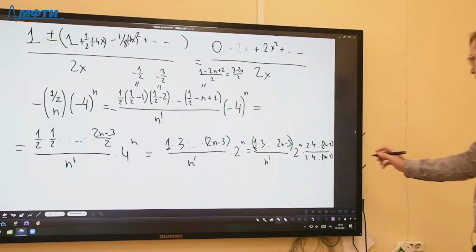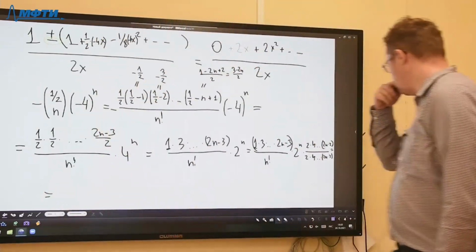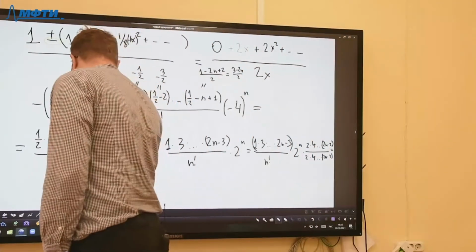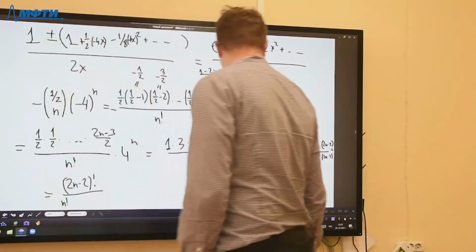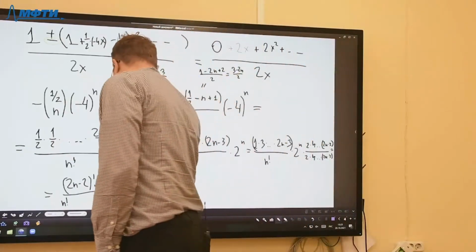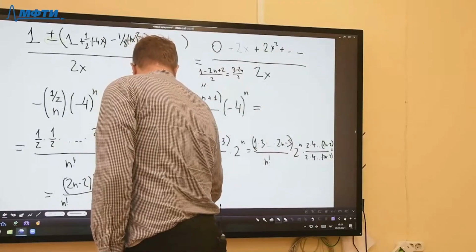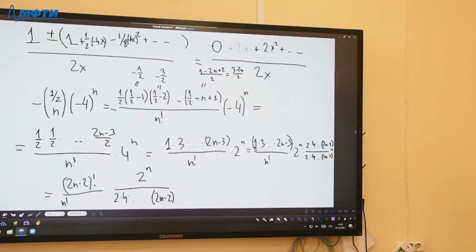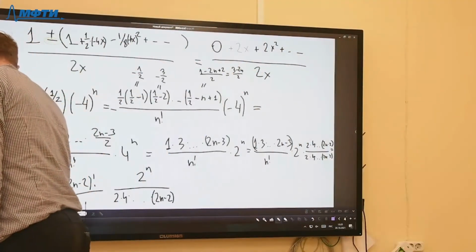So in the upper side we will have 2n minus 2 factorial, divided by n factorial. And we have here 2 to the power n over 2 times 4, etc., times 2n minus 2. But if we look closely, we can cancel all those. We can divide all these numbers by 2.